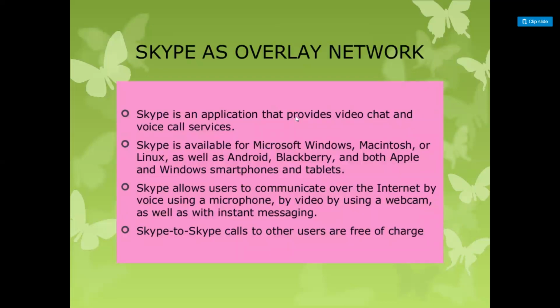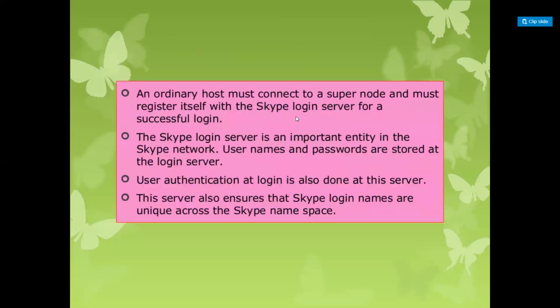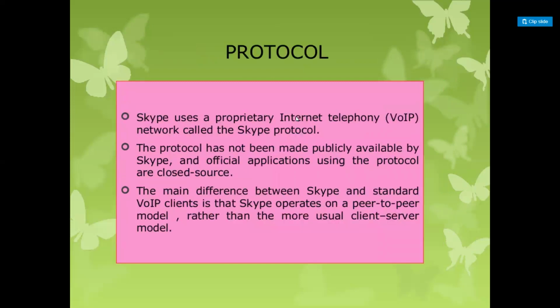We have seen the Skype architecture here, and after that the information about the Skype architecture. After that, the protocol. In this protocol, we saw the differences between the VoIP protocol in Skype and the peer-to-peer model, which were discussed here.